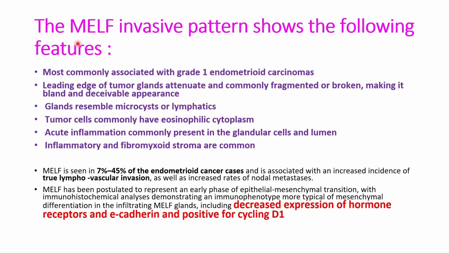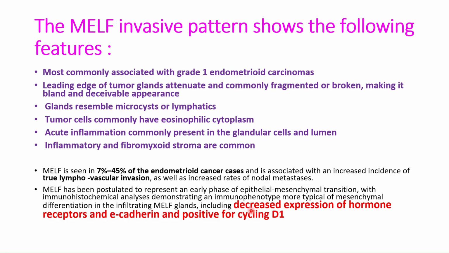MELF invasive features are most associated with grade 1 endometrial carcinoma, and as we have discussed, they are microcystic or resemble lymphatics. Tumor cells commonly have eosinophilic cytoplasm. Acute inflammation is generally present in the lumen, and inflammatory and myxoid stroma is present.